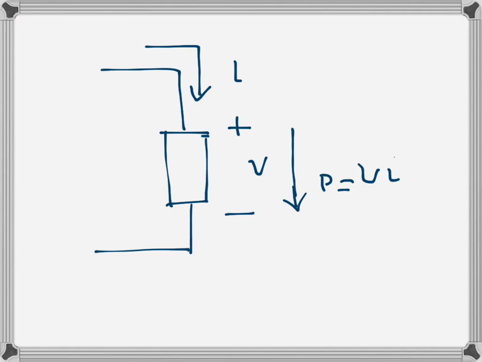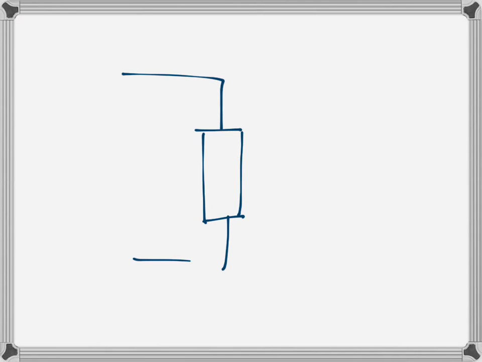For a passive device, such as a resistor, this will be the direction of current, where the voltage drop happens in the same direction. We call it a drop when the voltage is in this direction. Now let's take another scenario, again like that, but the current is going in that direction.